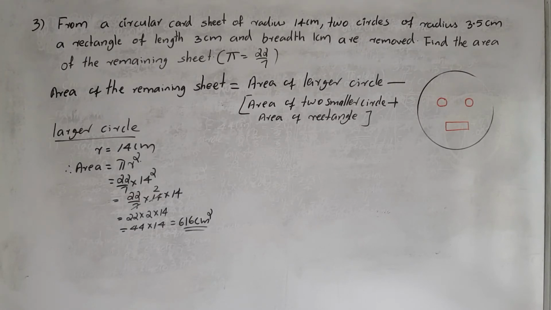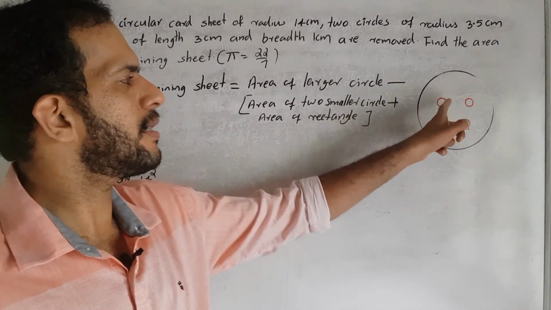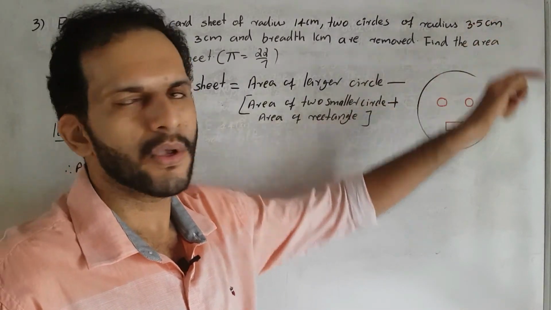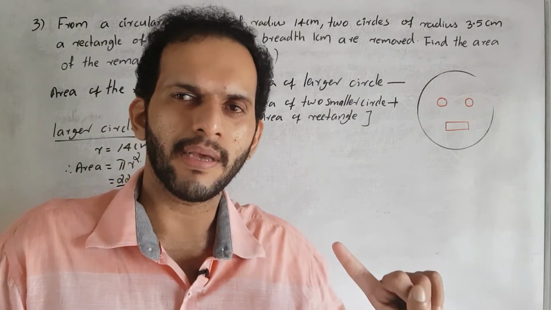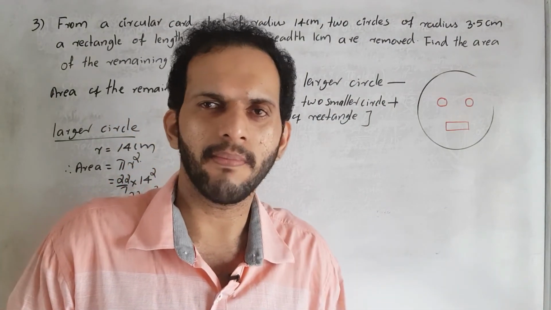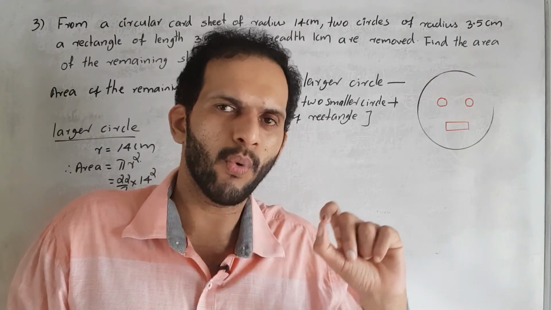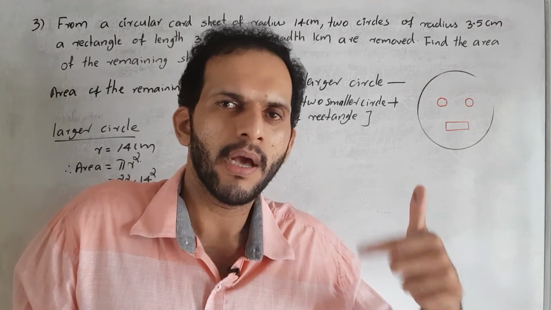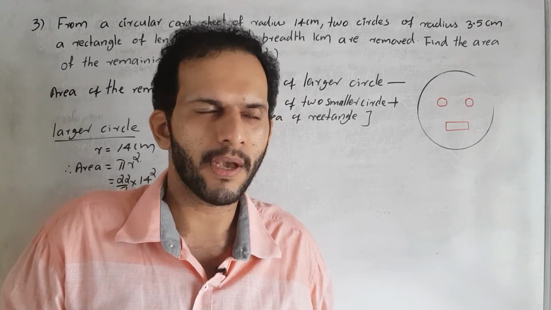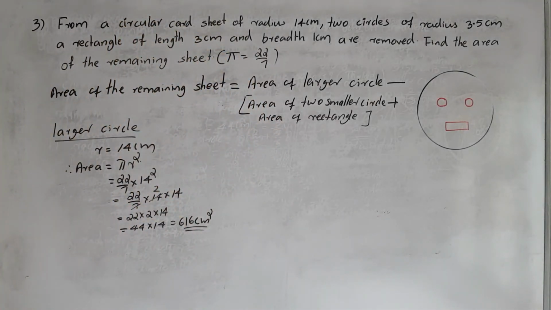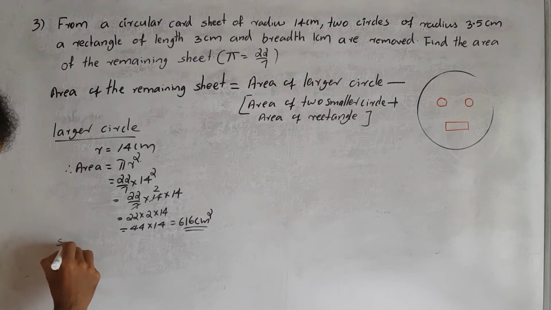The next we are finding the area of the smaller circle. Here both circles' radii are the same. So it's better to find the area of one, then multiply by 2. ഓക്കെ, രണ്ടിൻ്റെയും റേഡിയസ് സെയിം ആയതുകൊണ്ട് നമ്മൾ ഒന്നിൻ്റെ കണ്ടുപിടിച്ചിട്ട് അതിന് എന്ത് ചെയ്താൽ മതി? 2 കൊണ്ട് മൾട്ടിപ്ലൈ ചെയ്താൽ മതി. ഓക്കെ, സോ ഏരിയ ഓഫ് ദി സ്മോളർ സർക്കിൾ, then first we are writing in the case of smaller circle.